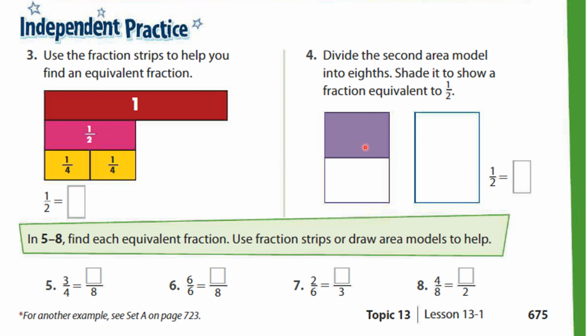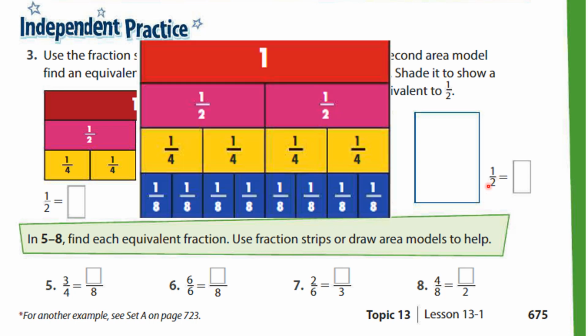For question 4, there is a shape given and you have to divide this shape into 8 equal parts according to the question. Okay, you have to model it into 8 equal parts and then you have to write the fraction for 1/2. So just have a look at the fraction strips or the model. So 1/2, when you divide this picture into 8 parts, the denominator will be 8.